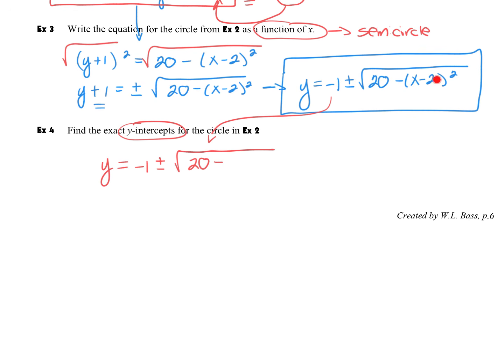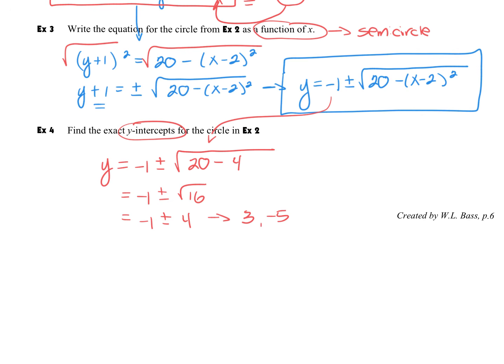If x is 0, that leaves me with my -2 here, and I'm going to square that, so I really have 20 minus 4. This gives me -1 plus or minus the square root of 16, -1 plus or minus 4. So that means I have -1 plus 4, that's a 3. -1 minus 4 is a -5.